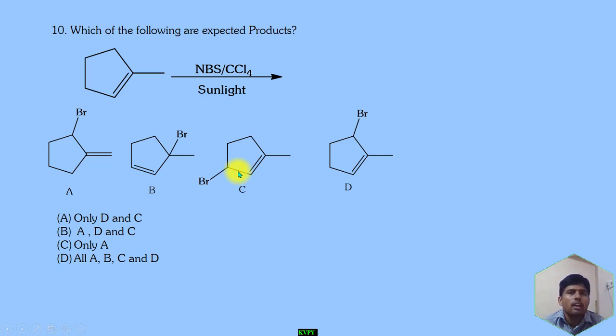Which of the following are expected products? Okay, so here there is NBS, and we should know NBS is N-bromosuccinimide. It's like this.